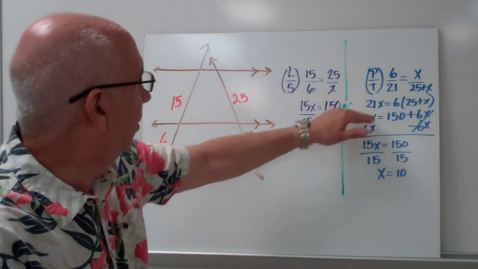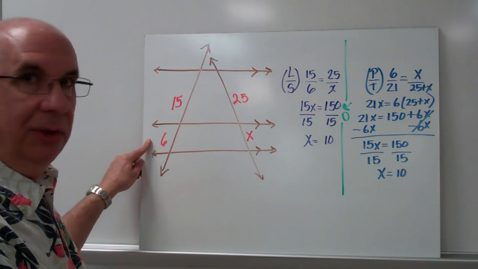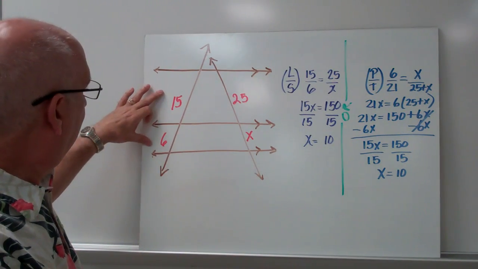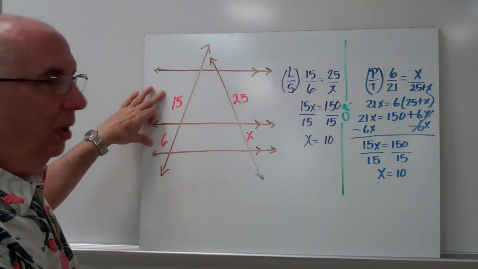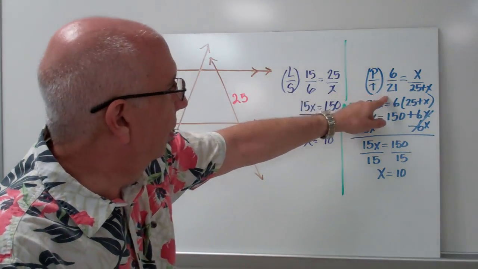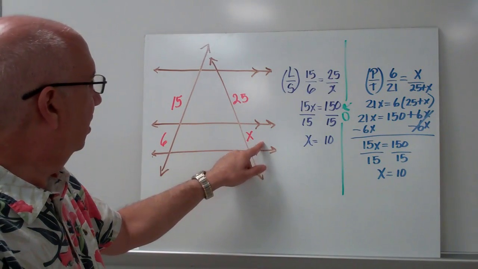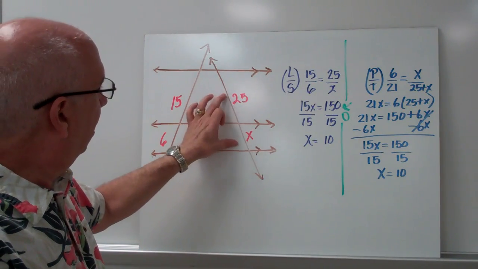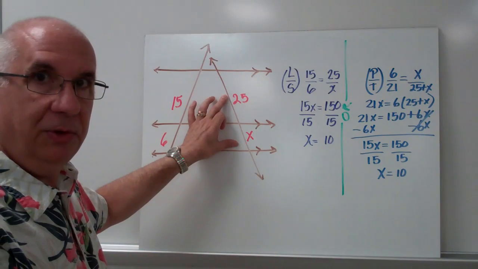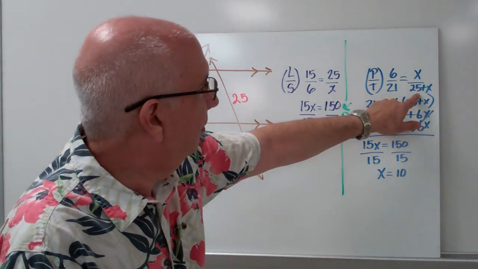If I do part to total, the part I chose to use was 6, and the total is going to be these two added together, 21. So part to total, 6 over 21, is equal to the corresponding part for the 6, which is x, over the total. The total is 25 plus x.